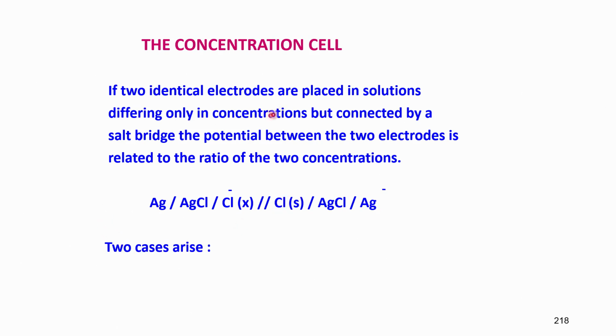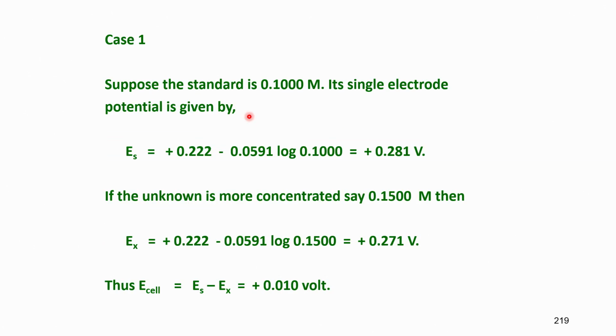So, two cases arise. What are the two cases? Case 1, suppose the standard is 0.1 molar. Its single electrode potential is given by ES is equal to 0.222, that is E naught of silver chloride, as measured against standard hydrogen electrode, that is standard reduction potential, minus 0.0591 log of oxidant divided by reductant.